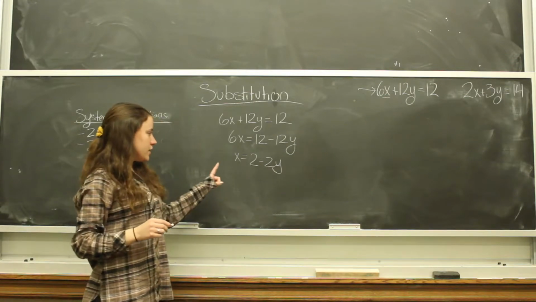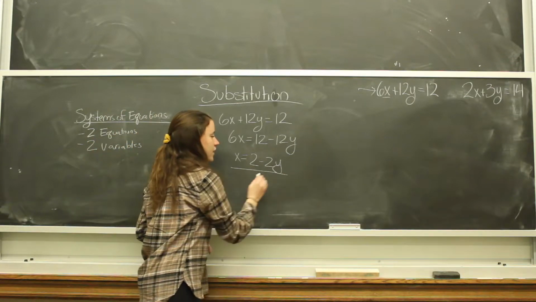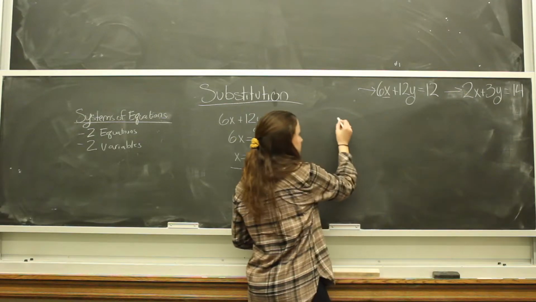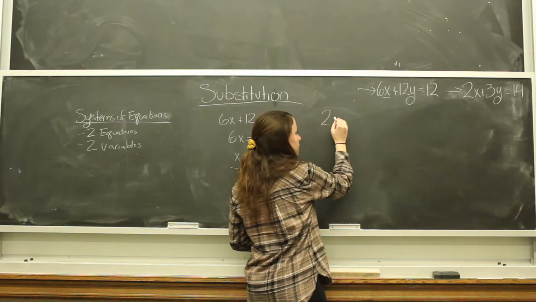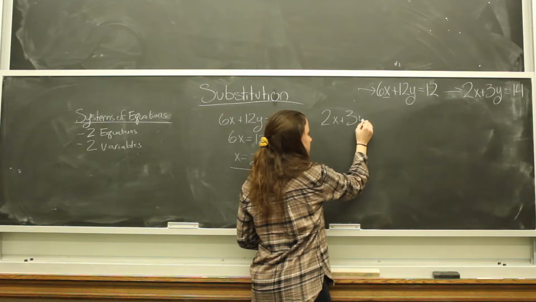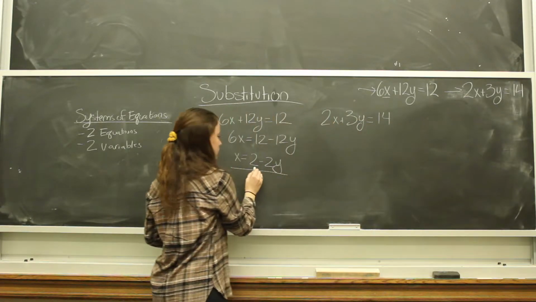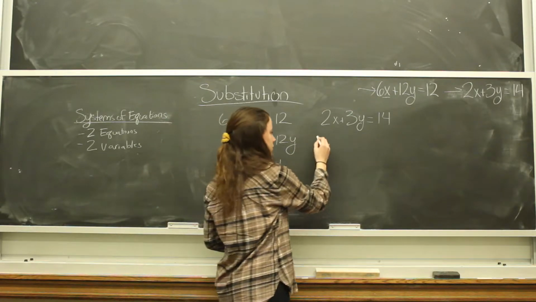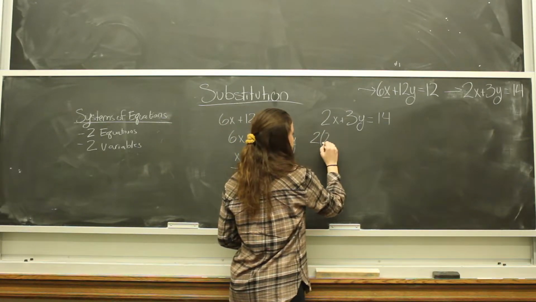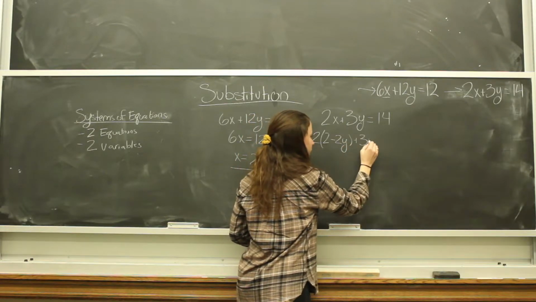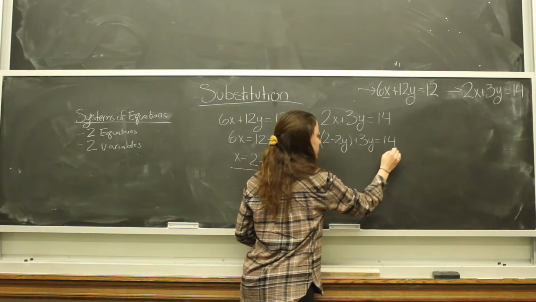Our next step is to take this x value and plug it into our other equation over here. So I originally have 2x plus 3y equals 14. If I plug in 2 minus 2y for x, I get 2 times (2 minus 2y) plus 3y equals 14.